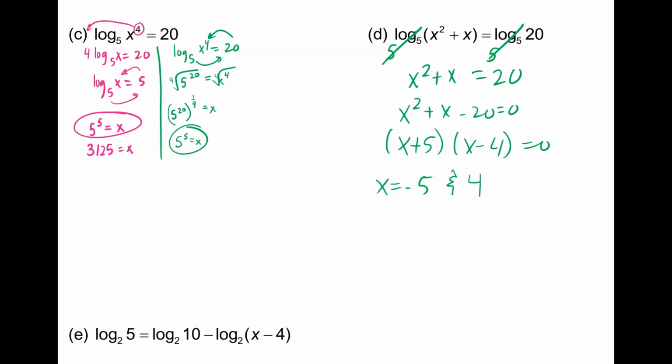I see x could equal negative 5. What if I put negative 5 in for x? Well, negative 5 squared is 25. 25 minus 5 is 20. Okay, that's fine. So just always do a quick check to make sure you're not taking log of a negative number.